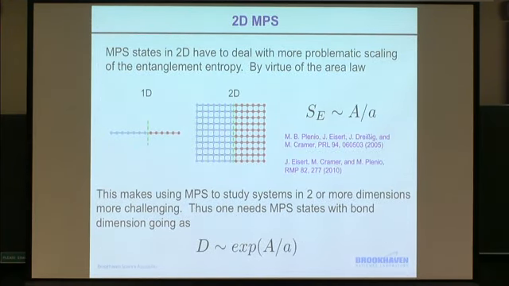Well, because you know that a matrix product state can describe an actual eigenstate of the system accurately if that state has less than log big D entanglement entropy. So if I have entanglement entropy going as the length of the boundary A, then I need to make D exponential in A. So every column will be a matrix.